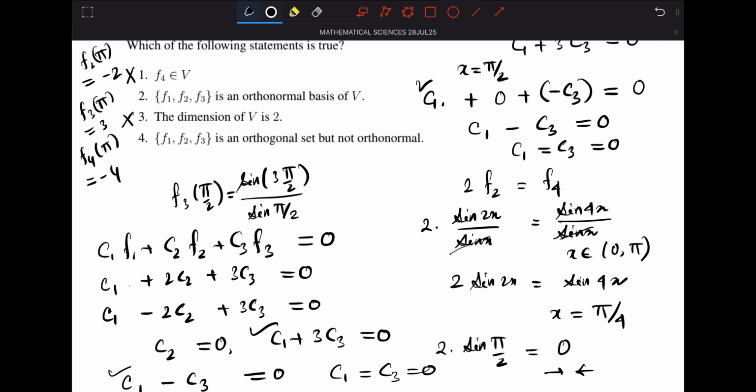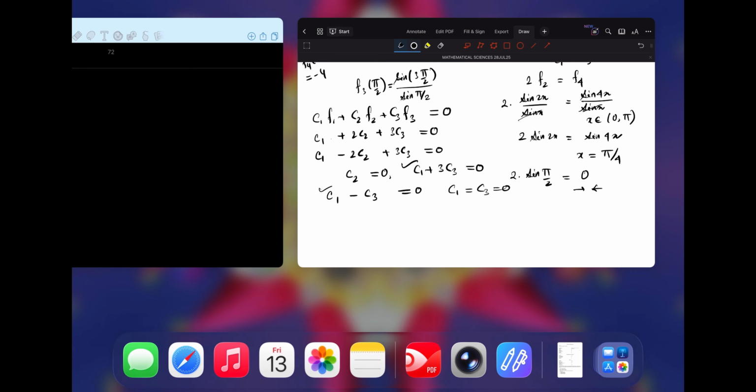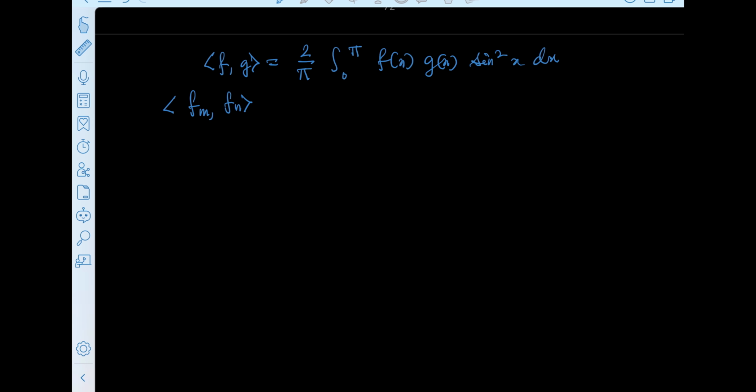So for orthonormality or orthogonality, let us assume the inner product given is 2 by pi, integral 0 to pi of f of x g of x sine square x dx. So we will do a general computation. So f_n times f_m.